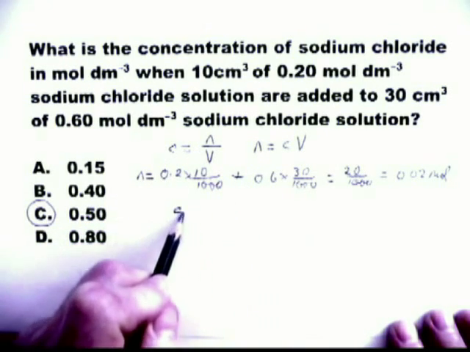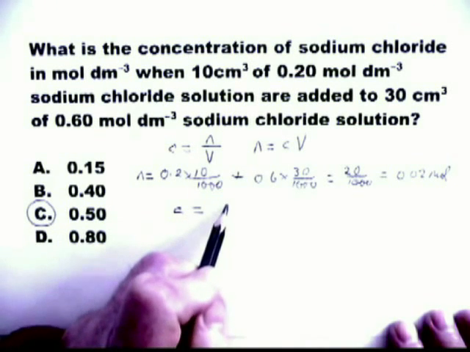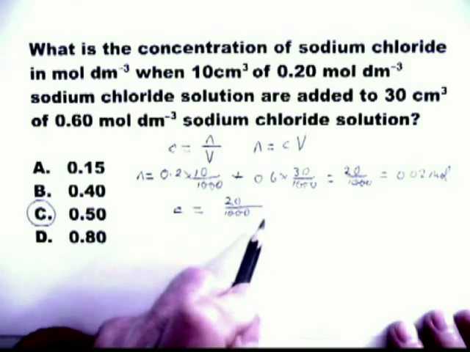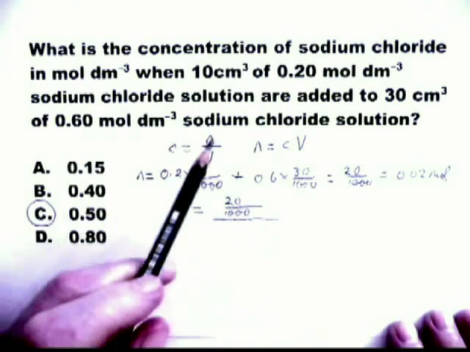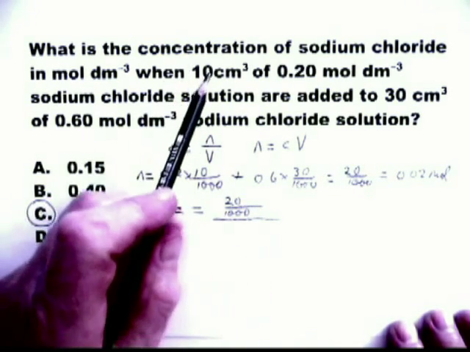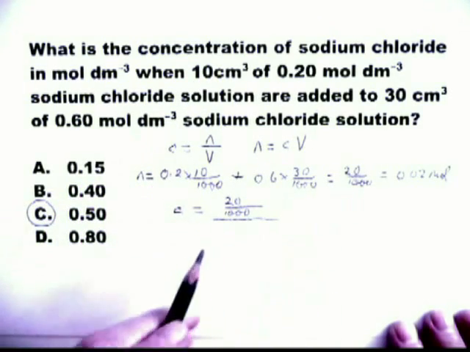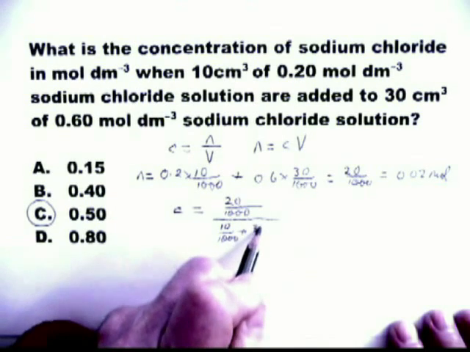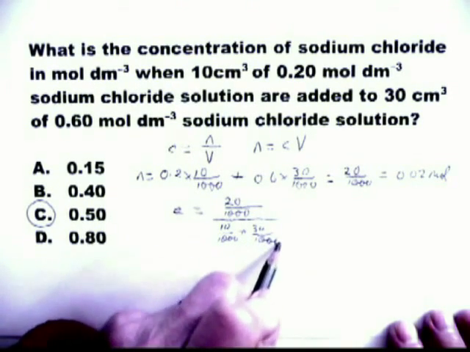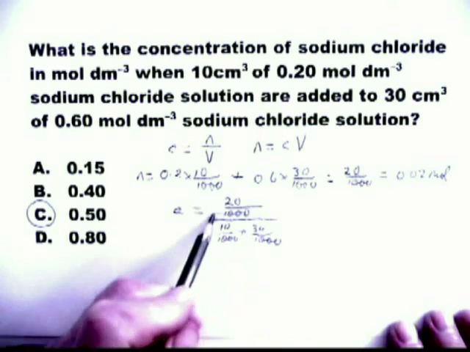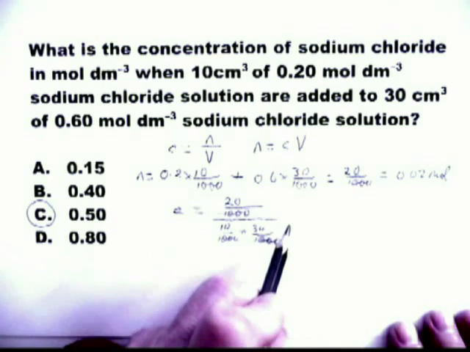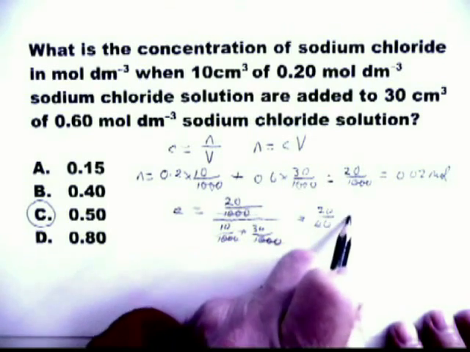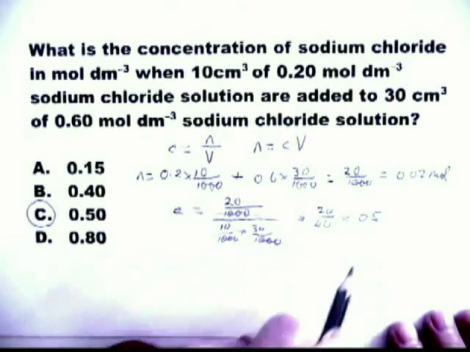C equals the value of n, which is 20 over 1,000, and the volume is 10 over 1,000 plus 30 over 1,000. Now we can eliminate the thousands, and that equals 20 over 40, which equals 0.5, the same answer as before.